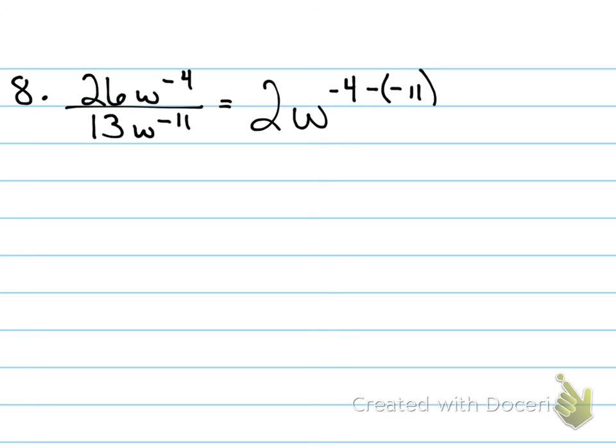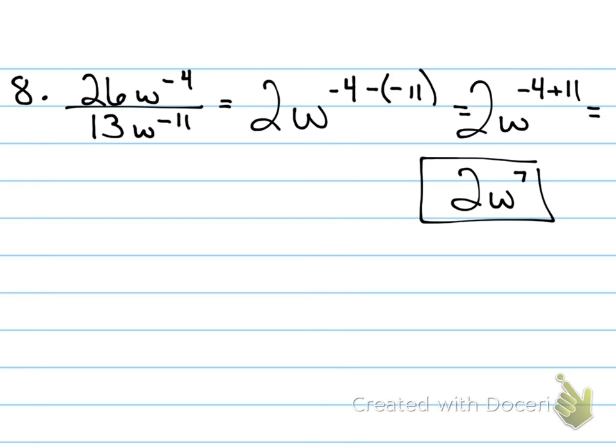What happens when you subtract a negative? It's adding, like normal numbers. It cancels to a positive. So, and guys, rewrite this. If you try to do this in your head, you stand a greater chance at making a mistake. Cancel out the double negative, make it a positive. What's negative 4 plus 7? Or plus 11. Ugh, I said the answer. Sorry. 2w to the 7th.